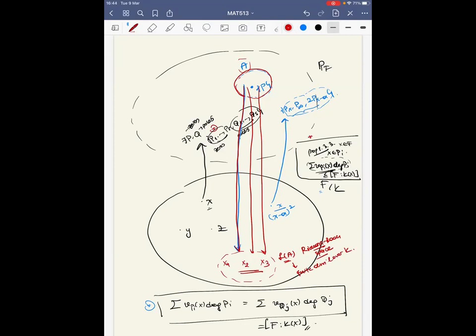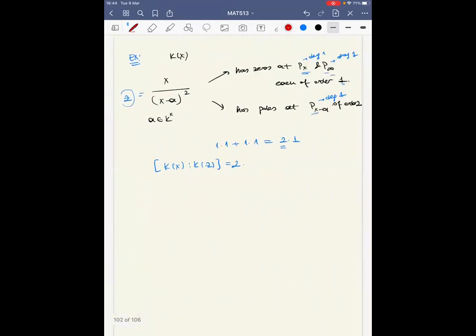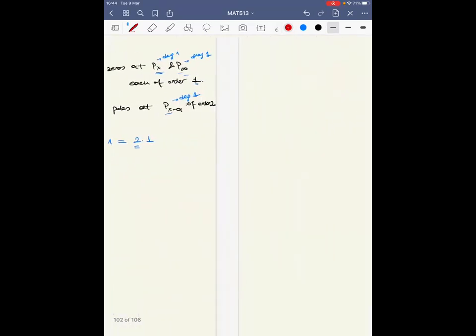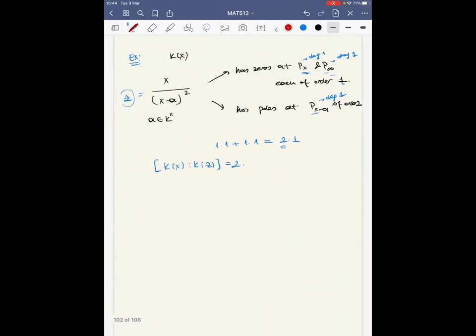In order to formalize the finite set of places and the corresponding functions, we will define a group structure inside of the function field, which is called divisors.